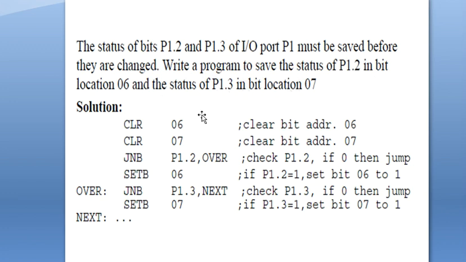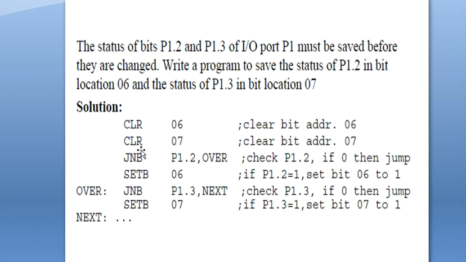So in this program, we need to check the status of the P1.2 and P1.3 pins, and accordingly the status is saved to locations 06 and 07, which will be holding the status of P1.2 and P1.3. Now we are going to see how it will be done.